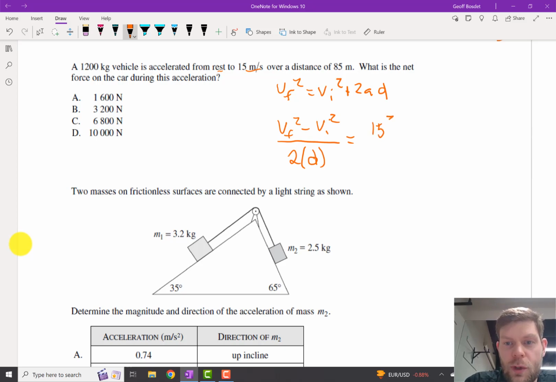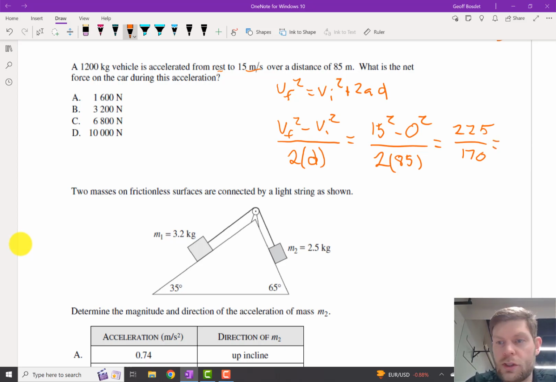Again, we got 15 squared, which is 225, minus 0 squared, all over 2 times 85. So that's 225 divided by 170, which is 1.32, and then F net just equals M times A, which is equal to 1200 times 1.32.